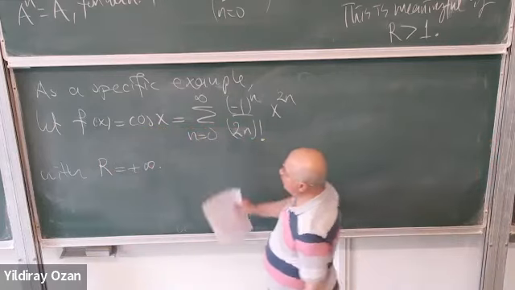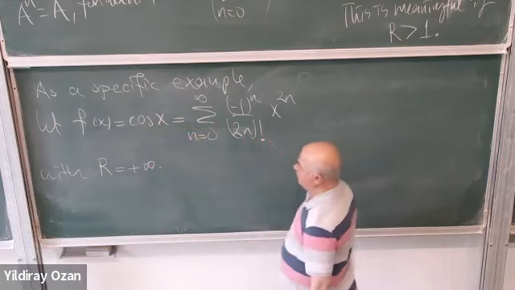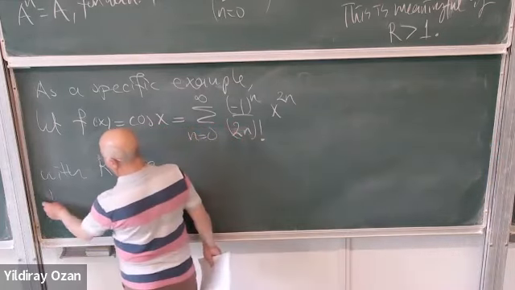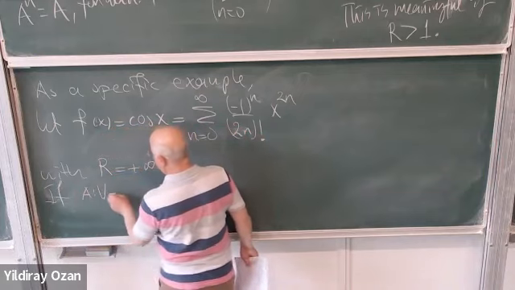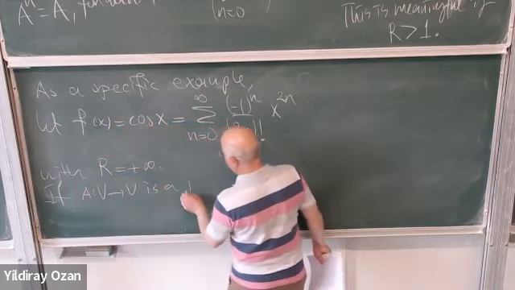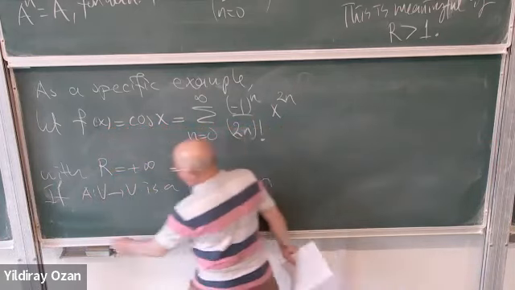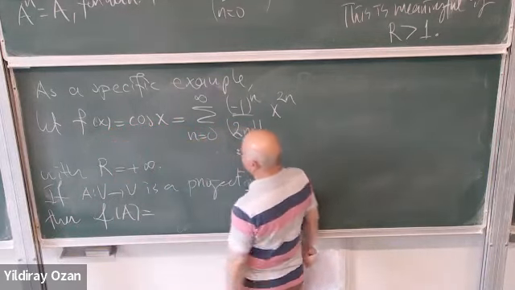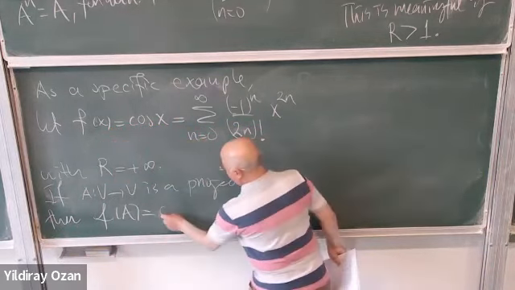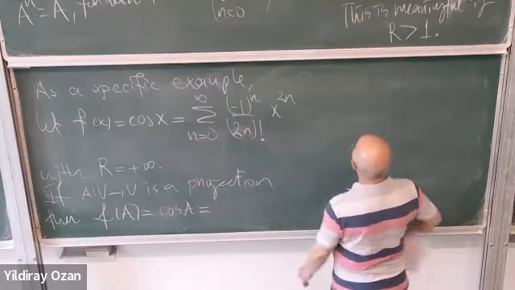And if A is a projection, then f of A will be just cosine A, and what is cosine A?